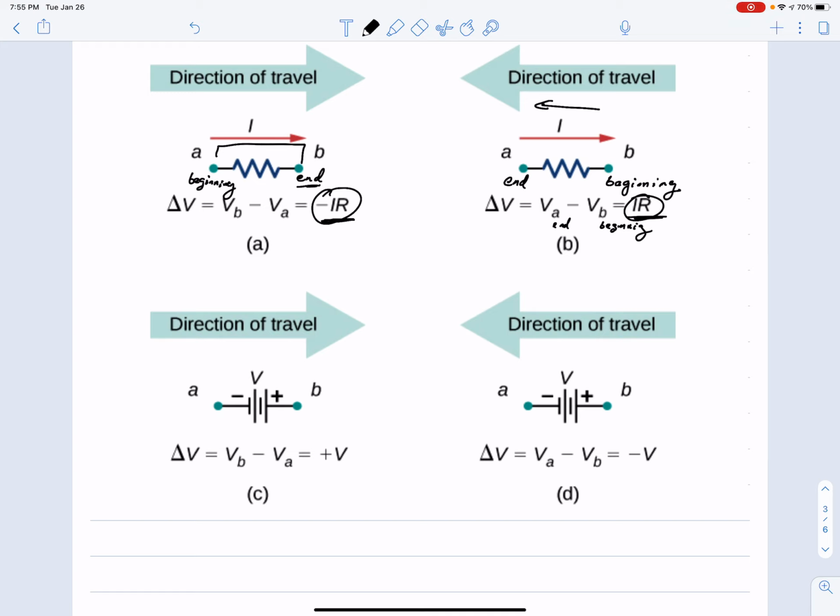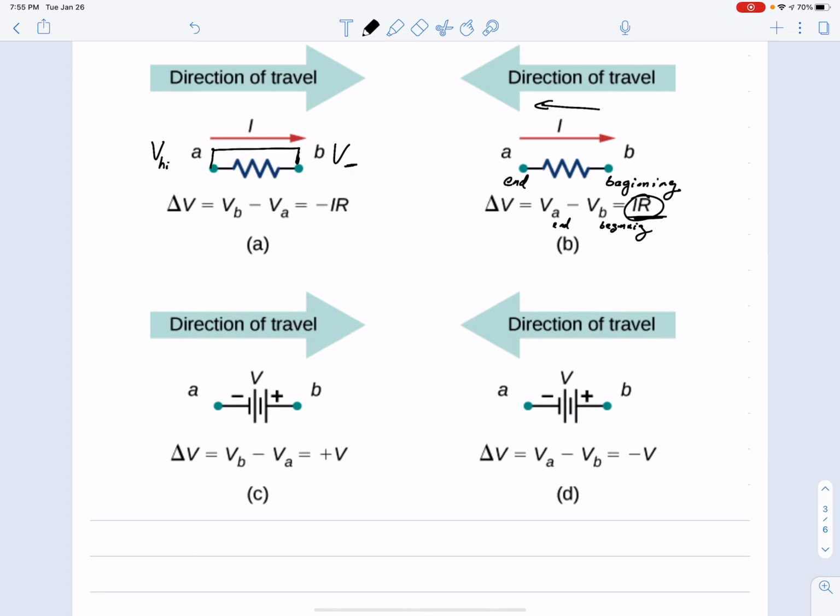Let me just paraphrase it. So instead of saying that the current slows down due to the resistor, it means that across the resistor, the voltage will go from a high electric potential, a high voltage, to a low electric potential.